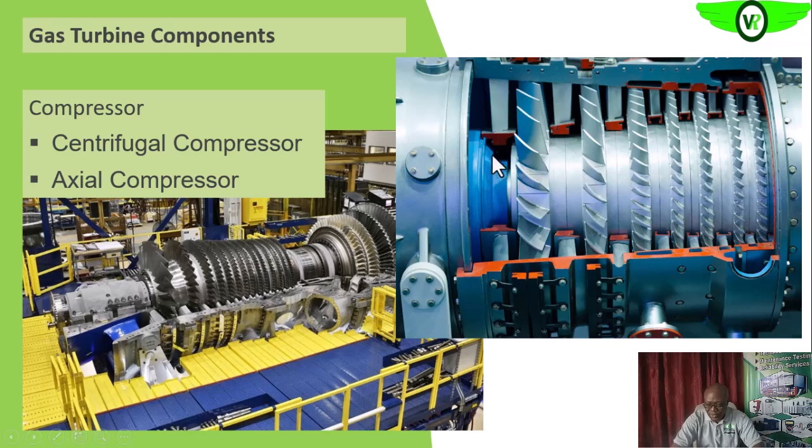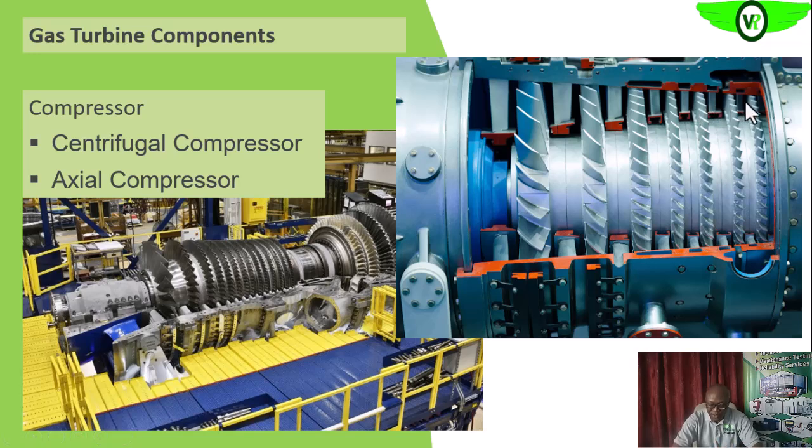You see that it is compressed as you move away from the intake. This is the set of stationary blades and the rotating blades. A combination of these makes a stage. This is another stage. So we have 1, 2, 3, 4, 5, 6, and 7.